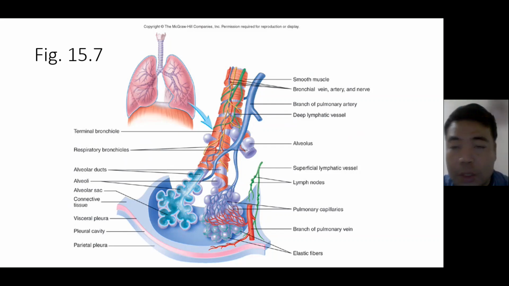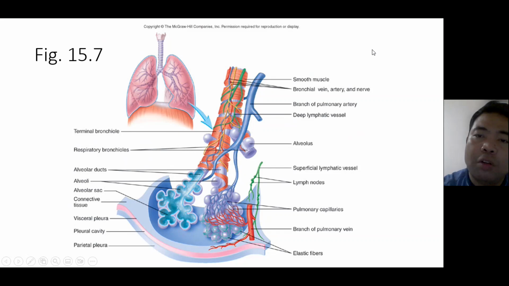Connective tissues and smooth muscles. Therefore, at that level of the respiratory passages, no cartilage is present. So this is already collapsible. Our airway at the level of the bronchioles is already collapsible.